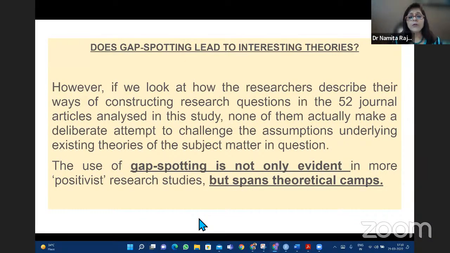So basically here, we are talking about gap spotting, which is very evident because you just want to move into that particular swing, zig zag. You just don't want to refute or question the assumptions of the previous theories.